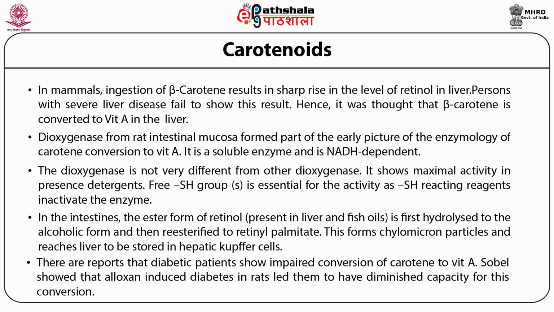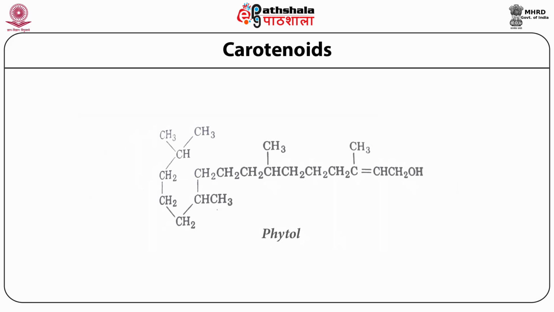Apart from their roles in vitamin A production in animals, carotenoids have also attracted attention in the context of metabolic roles in plants and microorganisms. In chlorophyll, the phytol side chain is derived from carotenes.